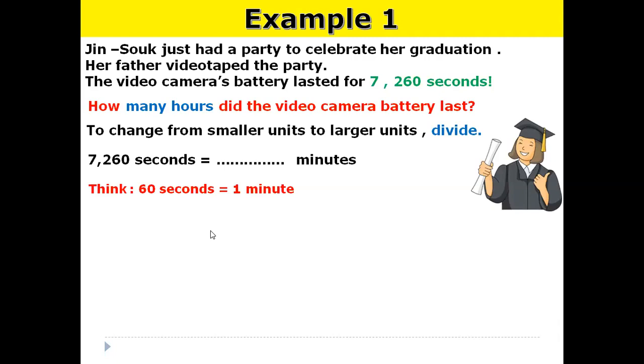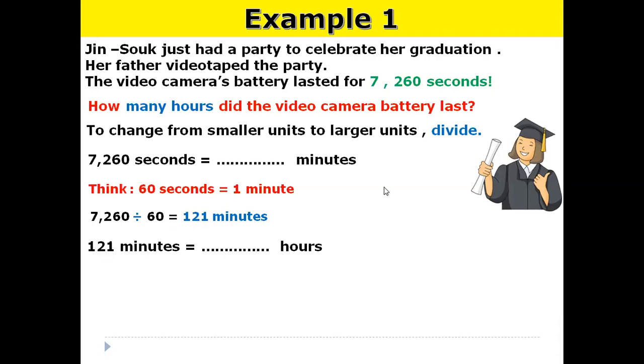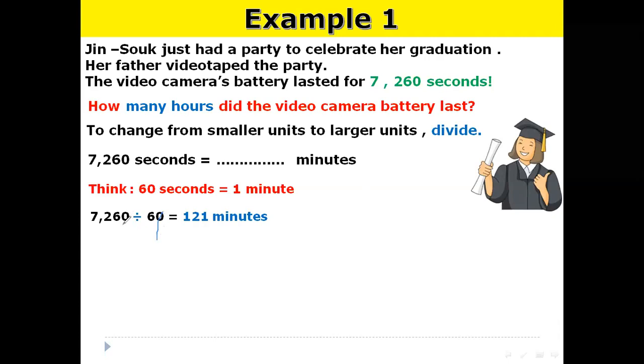So we divide 7,260 by 60. When we divide this, we can just cross out the common zeros. So you can cross out a zero from here and a zero from here.